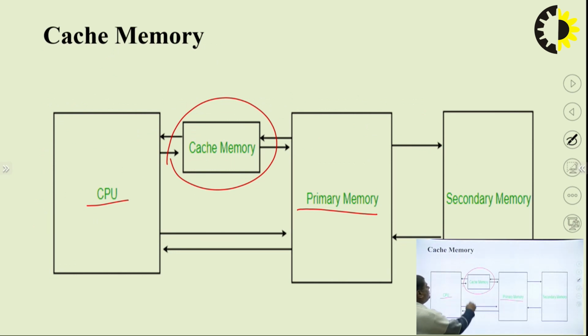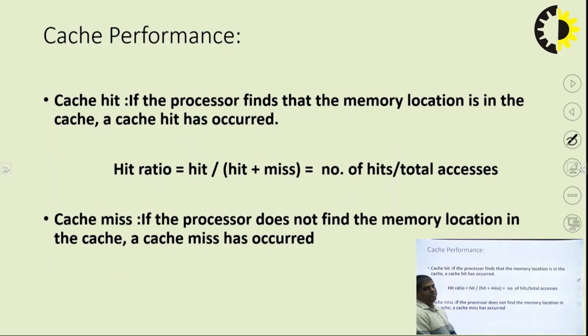It means data or instructions are held in your cache memory, and when the CPU asks for any data or instruction, it is provided by the cache memory rather than the primary memory. This is the main concept of the cache memory.